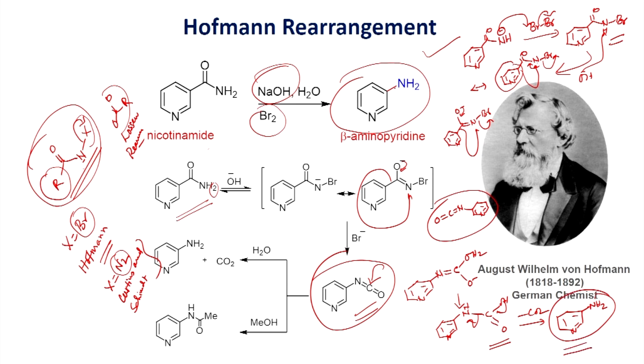The reaction is regiospecific. You can see here that wherever you have this substitution, you convert this amide functional group into an amino group at the same position, and this is the reaction pathway.